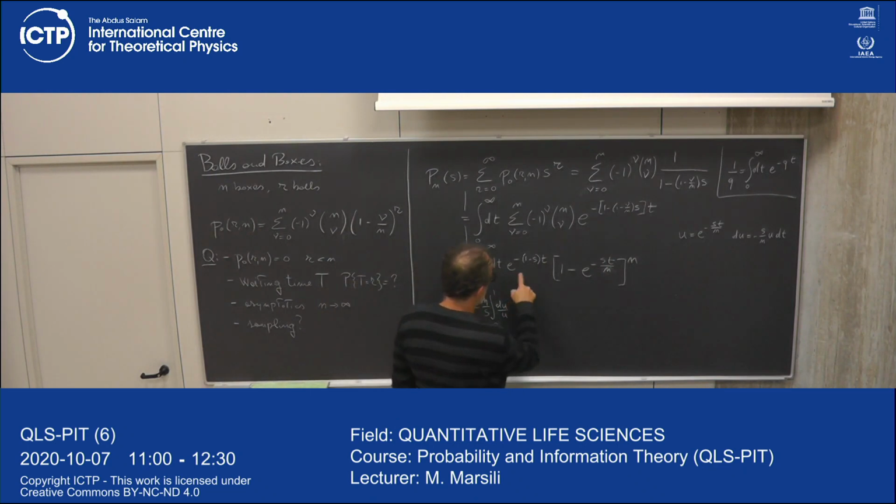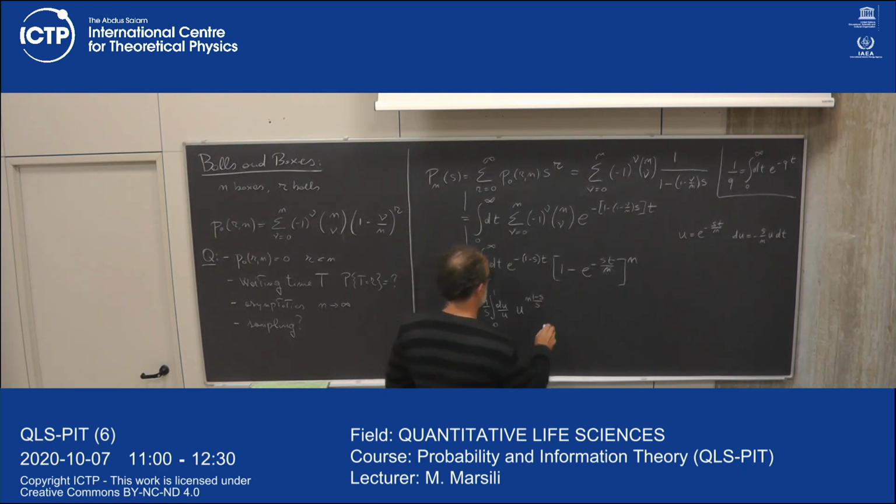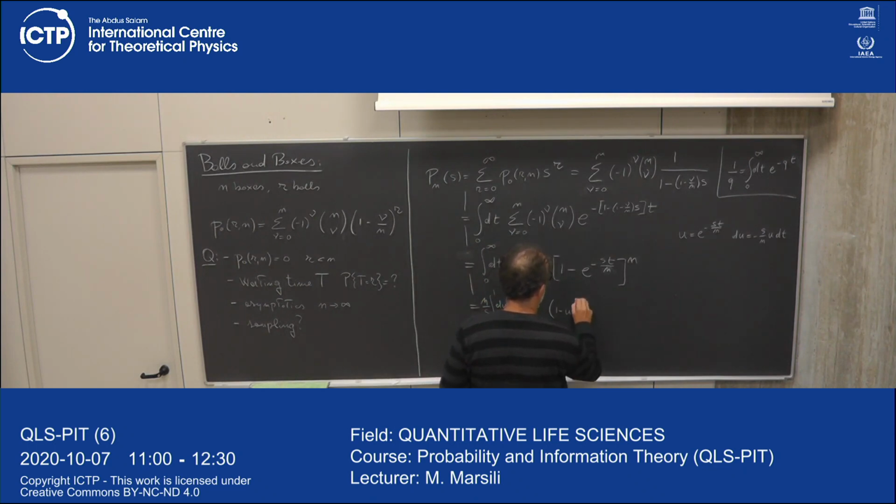Then what you have here is essentially u to the power n times 1 minus s over s. And here you have 1 minus u to the power n.